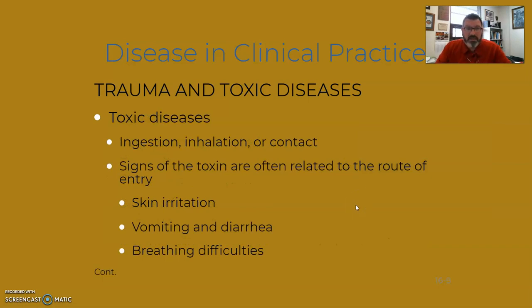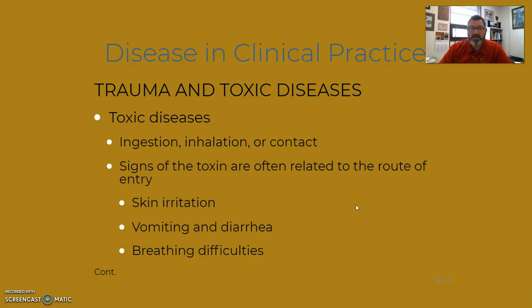Trauma and toxic diseases: as we deal with toxicities, of course, we can have animals that ingest certain things that are toxic, or inhale it, or come into contact with some of those things. Signs of toxins, some symptoms, and we'll hit on some specific ones later on in some different units.